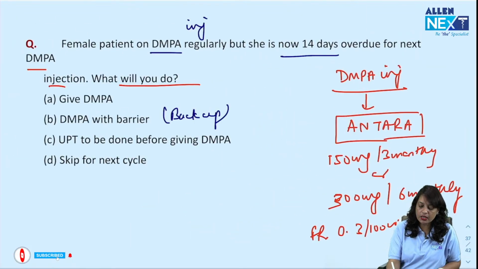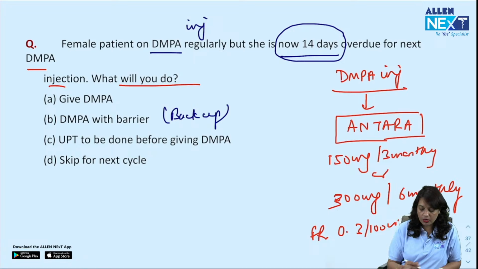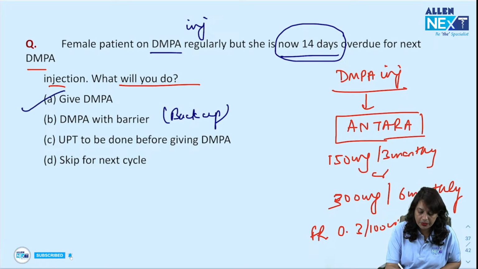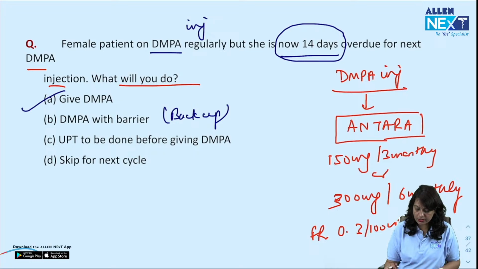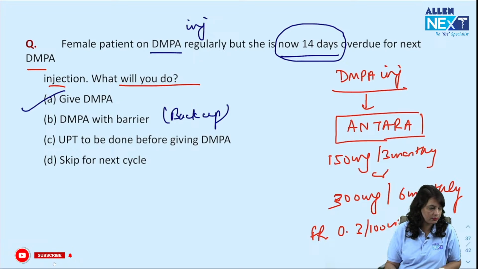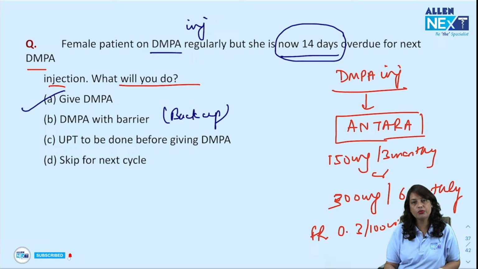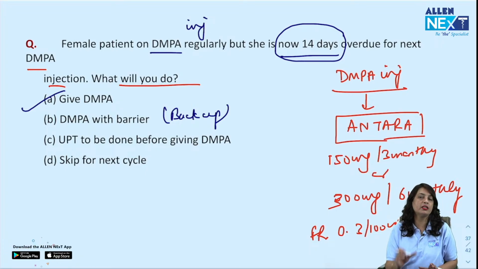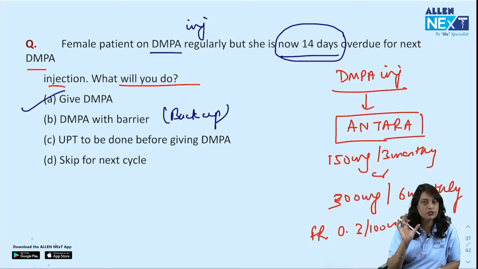So if she is coming now 14 days overdue, we would like to give the DMPA injection. The correct answer is give DMPA injection, because we want her to continue the contraceptive, and according to WHO or CDC criteria, the grace period for DMPA is 2 weeks.